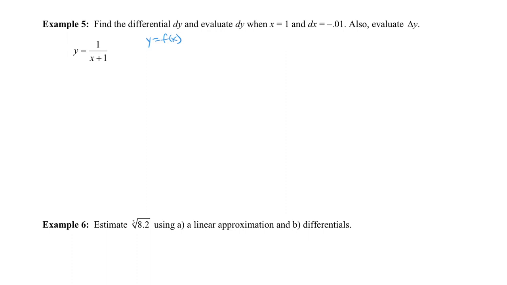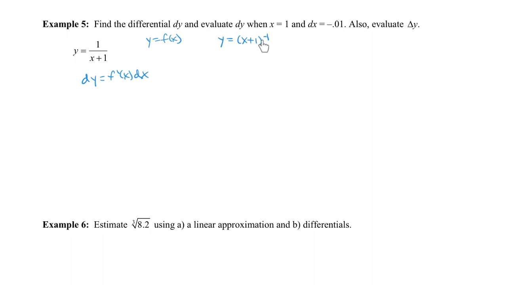So we'll think of this as our function f of x, and then we need dy, which we know is f prime of x dx. So we need to take the derivative of this function. Isn't that the same as x plus 1 to the negative 1? I'm just writing it like this because I don't really feel like doing the quotient rule. And this is really just x plus 1 to the negative 1 power, right?